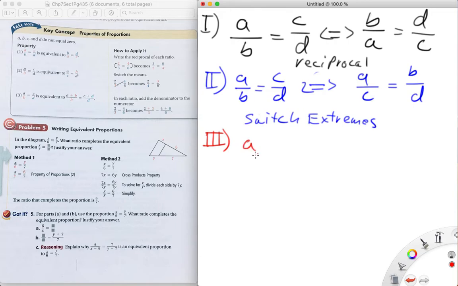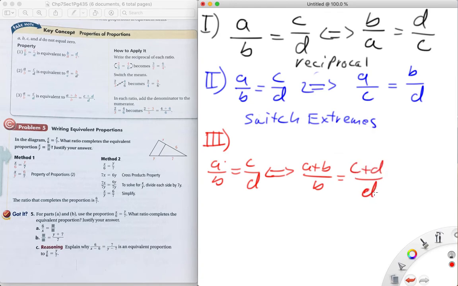And then lastly, A over B equal to C over D is equivalent to A plus B over B and C plus D over D. So in essence, I added the denominator on both sides.